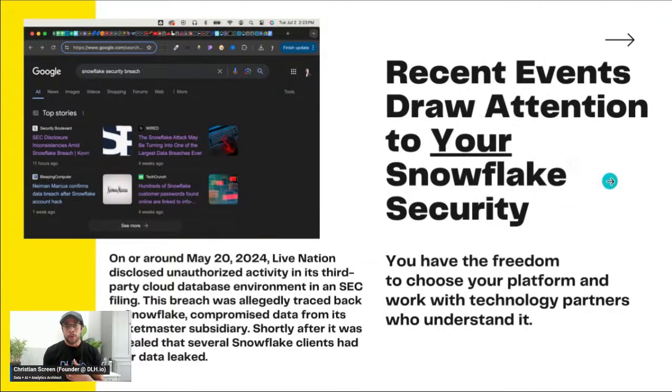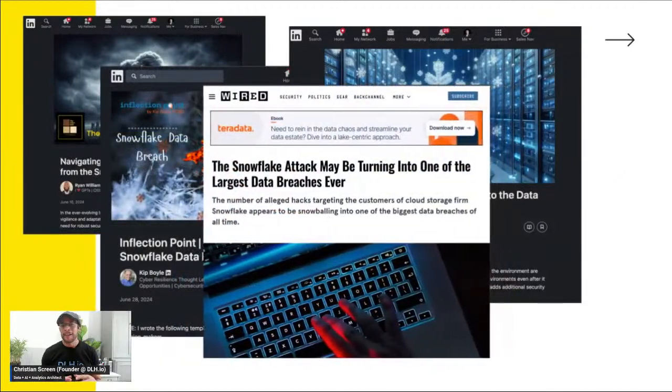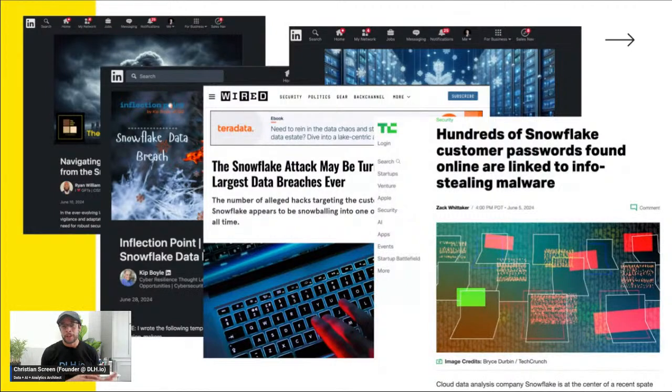Now, when we think about all the commentary and all the recent highlights about this security breach, what is that telling us? If you read into the details, it's telling us that, hey, there was a breach, but Snowflake is really a hosted SaaS platform, meaning that every individual account is really separated.